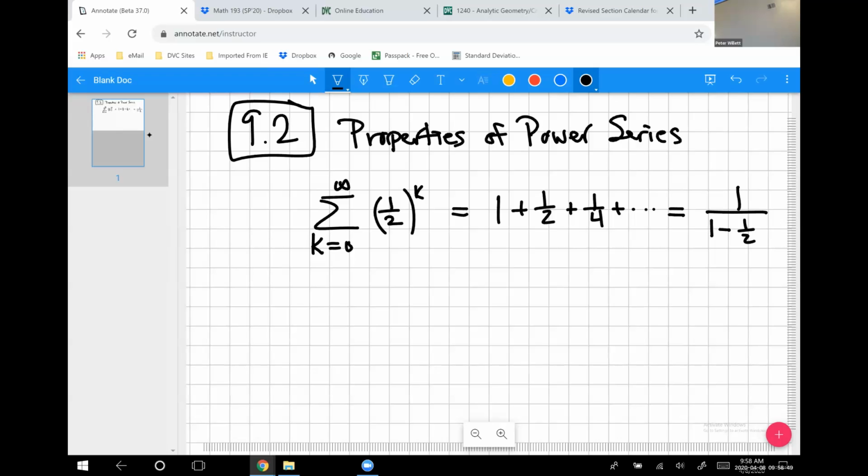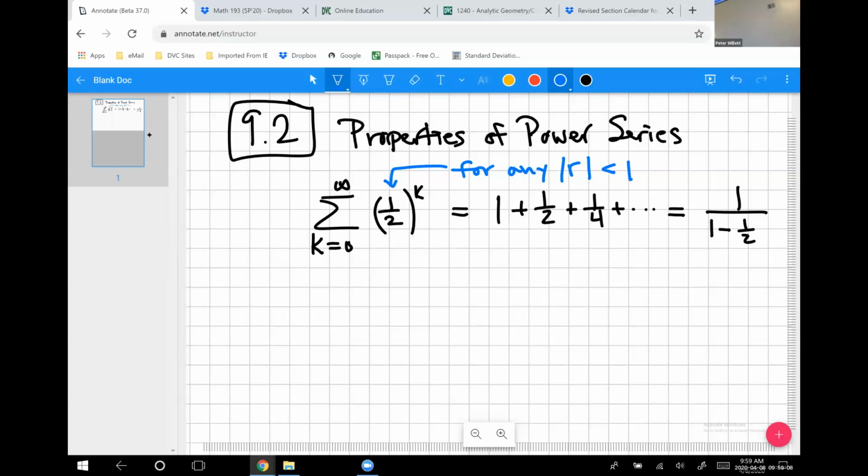But in general, this is true for any r. So as we've seen, this formula holds for any r with an absolute value less than 1.